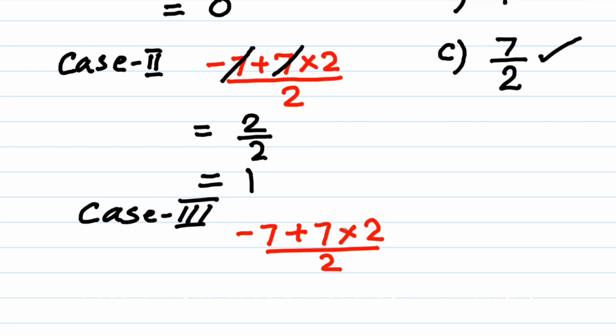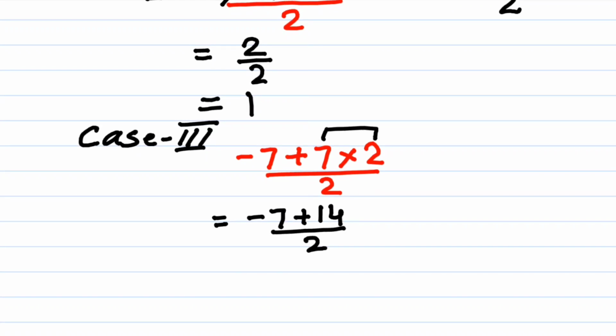According to case 3, first they will multiply -7 plus 14 divided by 2. -7 plus 14 will be equal to 7 by 2, which is the answer of case 3.